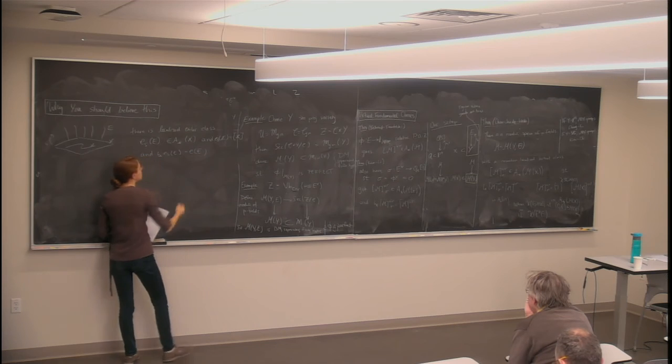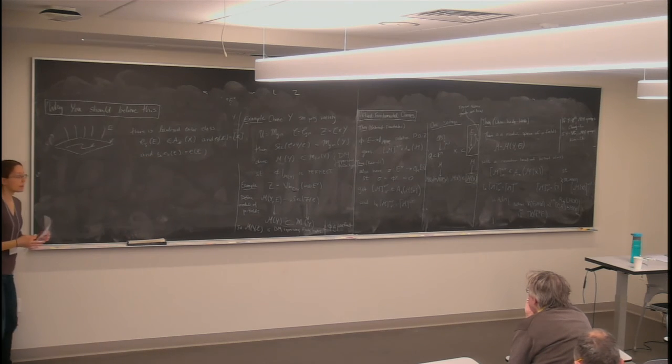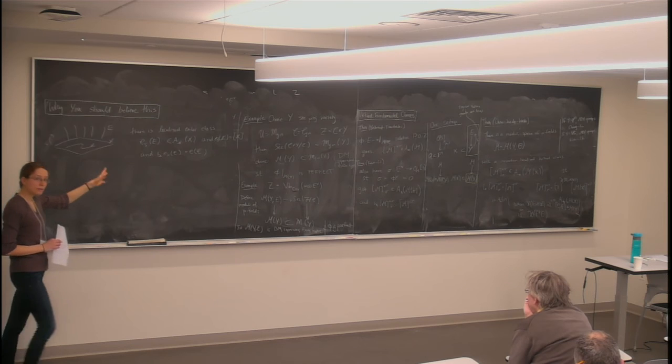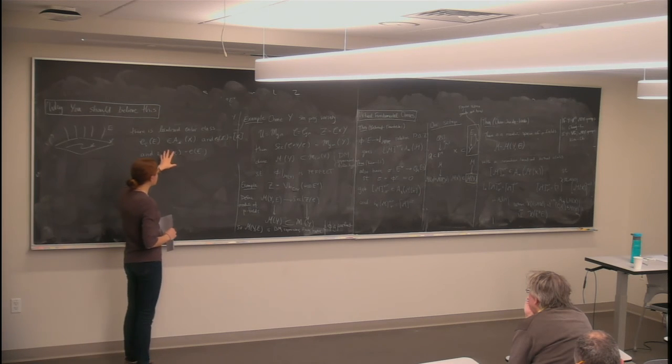and it pushes forward to the usual Euler class. So what I'm writing down here is the statement that the Euler class of a vector bundle is the class of the zero locus of a generic section. That's what I'm writing down. So that's probably a familiar statement if you've ever done anything with Euler classes.